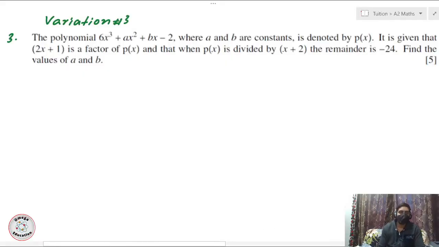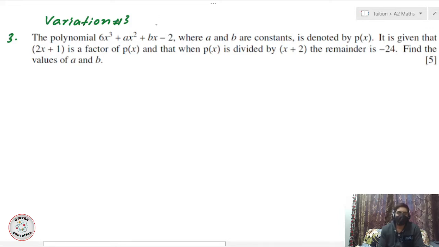Alright everyone, so here's the third variation that you can get from this topic, polynomial division question. The question reads: the polynomial 6x cubed plus ax squared plus bx minus 2, where a and b are constants, is denoted by p(x).